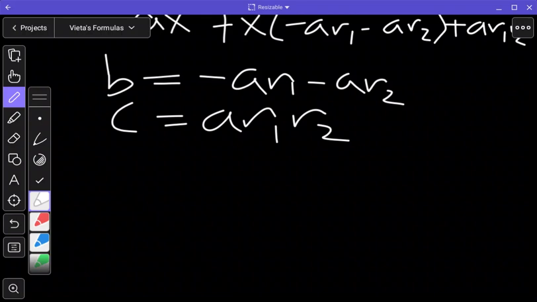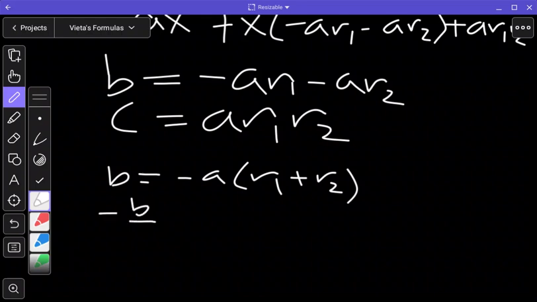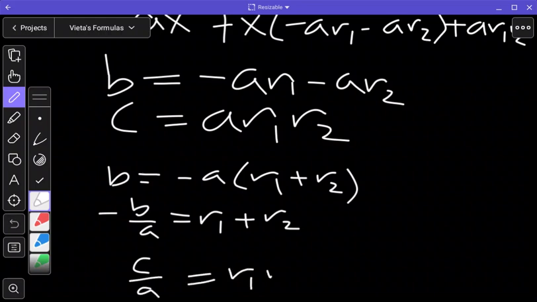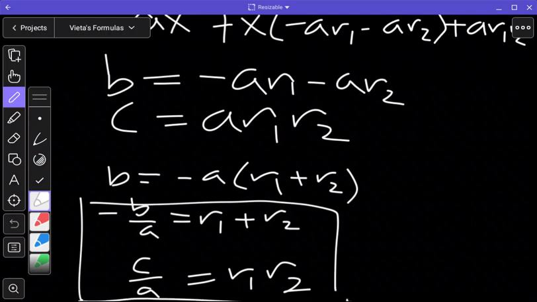Now, in the first expression, we can factor negative a out, and we can divide both sides by negative a to get negative b over a is equal to r1 plus r2. For the second equation, we can just divide both sides by a to get c over a is equal to r1 times r2.